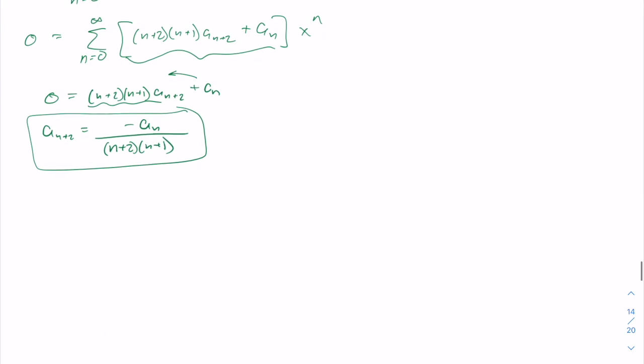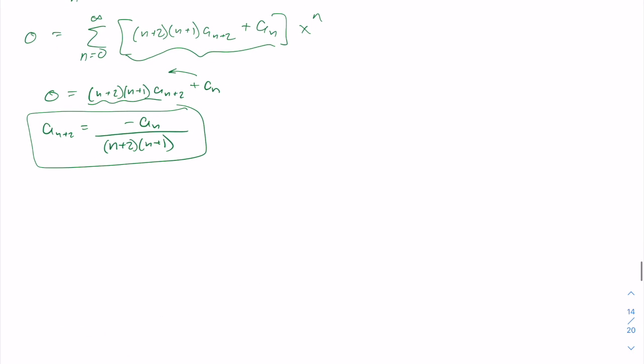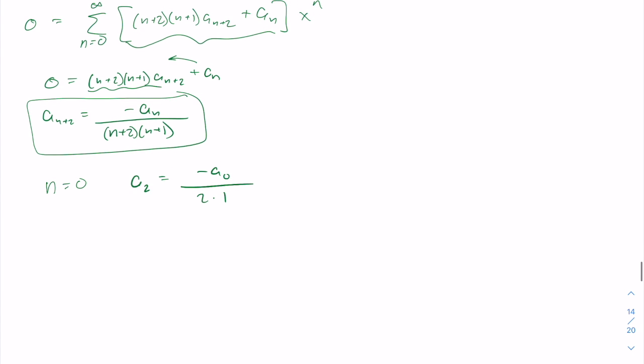I'm just going to assess how much space I have. Oh, I've got plenty. Okay, well, let's start. When n equals 0, what do I have? I have a2 is equal to minus a0 over 2 times 1. All right.